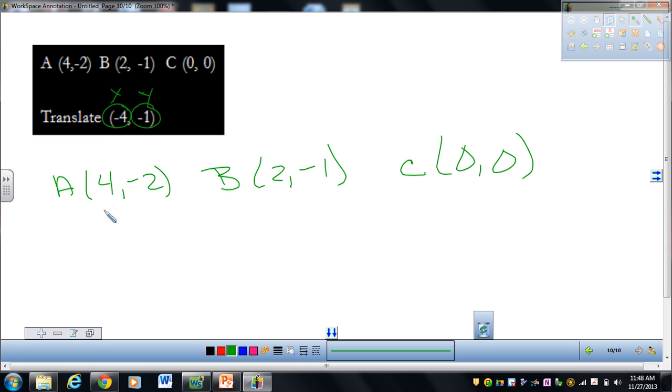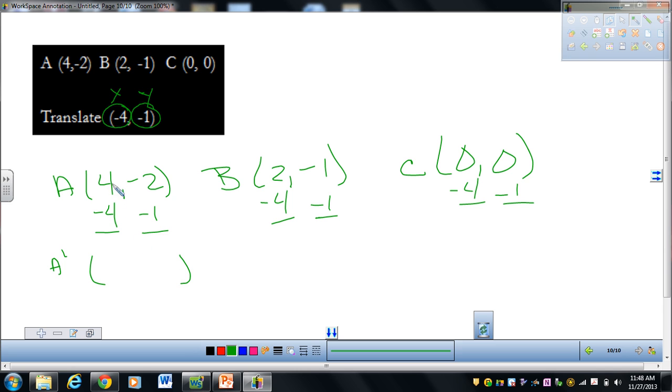So I take my negative 4 down here, I subtract 4, subtract 4, subtract 4 to all of my x's. I know that the first value in all points is x because x comes before y in the alphabet. And then it tells me to subtract 1 from my y's. So subtract 1, subtract 1, subtract 1.